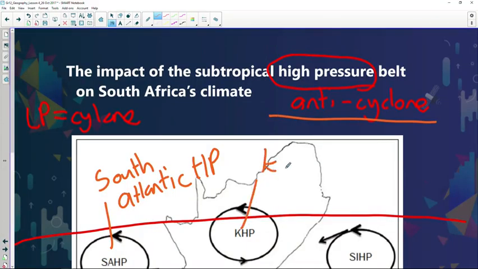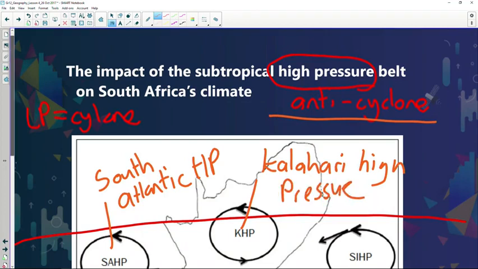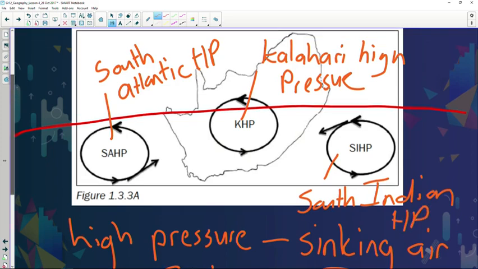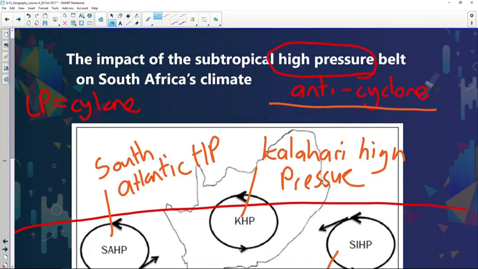Then we have the Kalahari high pressure, and last but not least, the South Indian. Now, the names are kind of self-explanatory, because if you look where this high pressure system is found, it's found over the Atlantic Ocean.